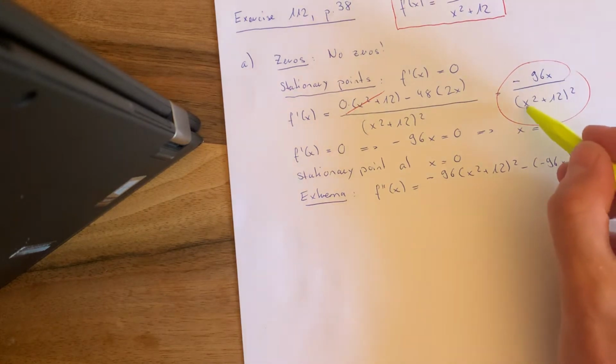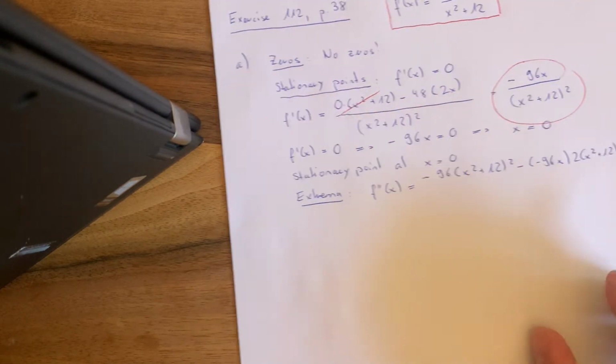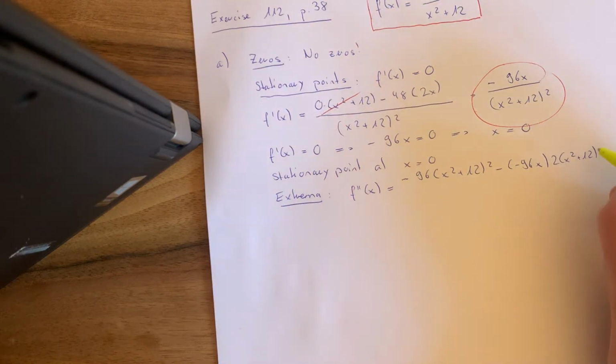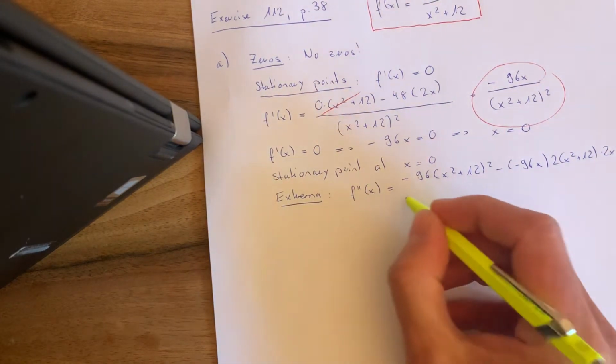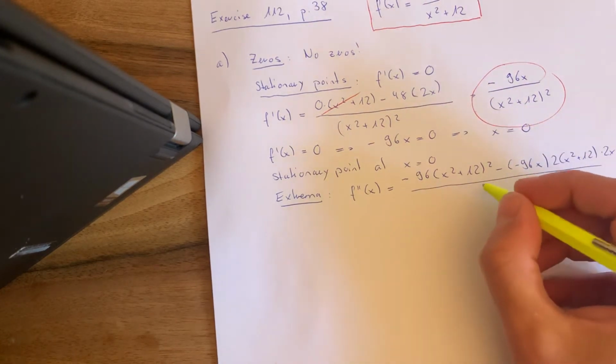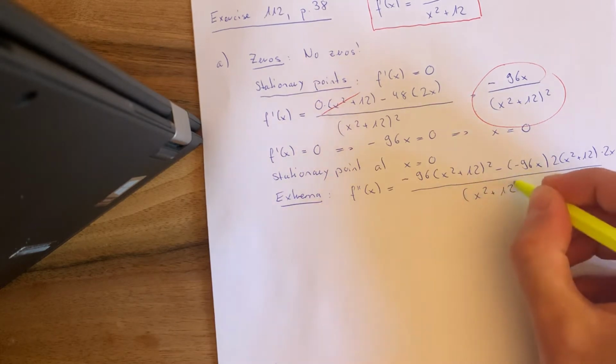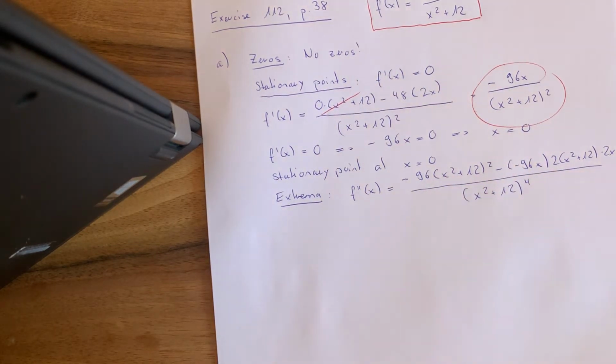And to get the derivative of the lower part here, well, we need to apply the chain rule. So it's 2 times bracket x squared plus 12 times the derivative of what is inside the bracket, which is 2 times x. And the whole thing divided by the lower part squared once again. So it's x squared plus 12 to the power of 4.